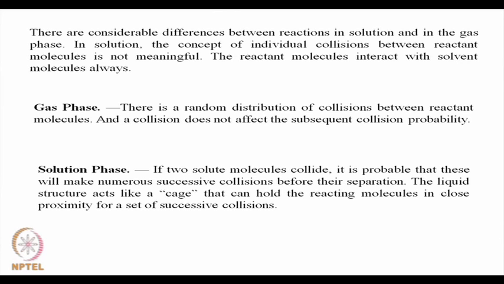That is why the liquid structure acts like a cage and can hold the reacting molecules in close proximity. Take geminate recombination, as I talked about in the last lecture on magnetokinetics. When you shine your sample with laser light, a radical pair is generated. Benzophenone goes to the excited singlet, then triplet state.